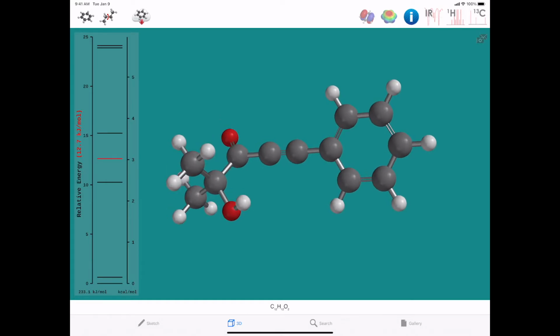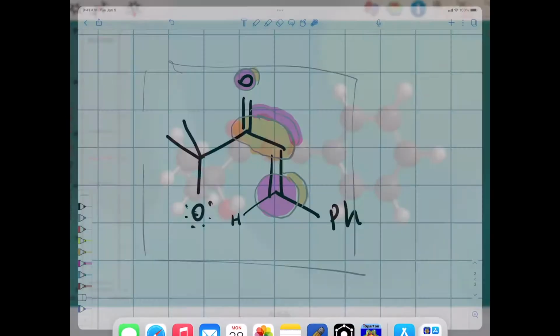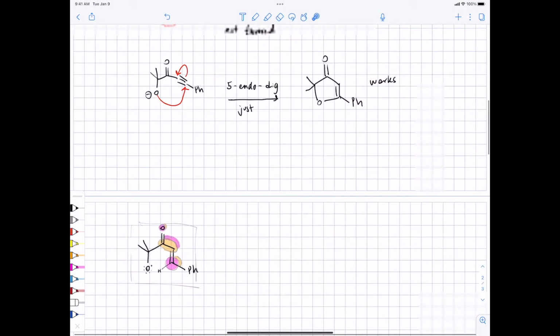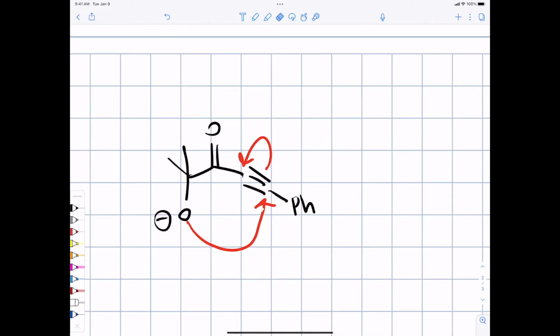Other than the possibility that with an alkyne, you've got pi orbitals in two different directions. So maybe I could draw this over in Notability, if we try to draw this alkyne, you would have a pi star here coming out of the page.